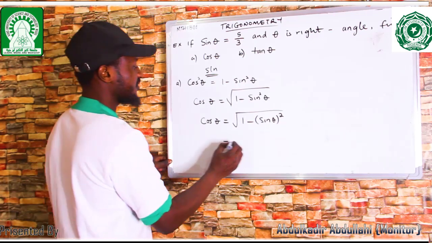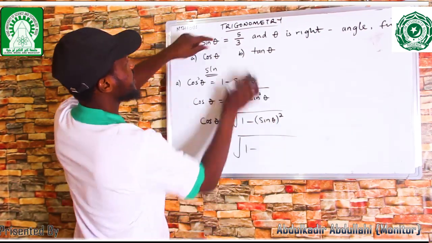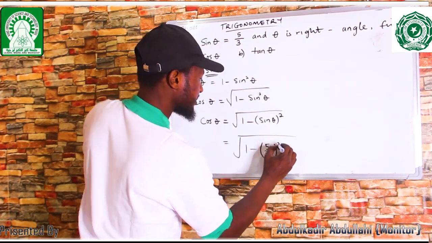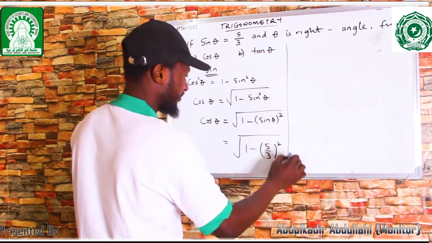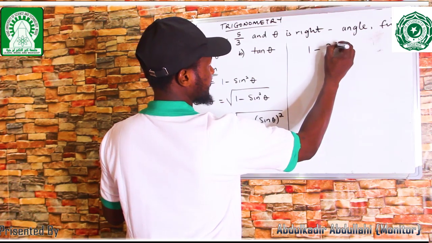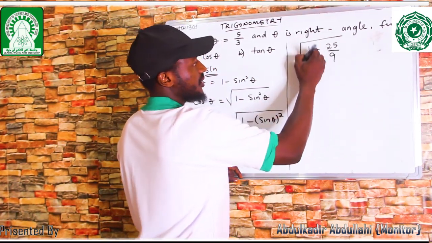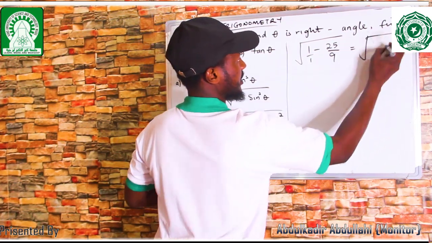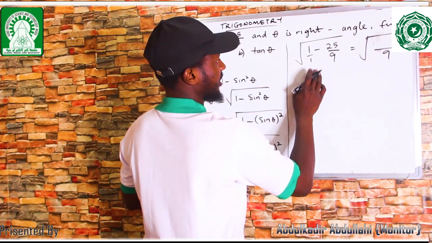We just substitute the value of sine from the given question. 1 minus sine theta, what is sine theta? 5/3, then you square it. Squaring this, we are going to have 1 minus 5 square, 25, 3 square here is 9, all in root. Just find the LCM.